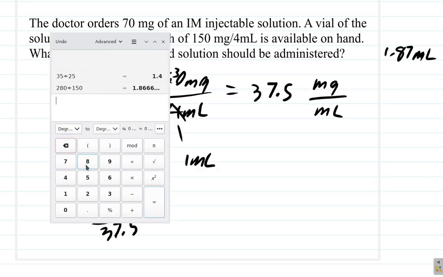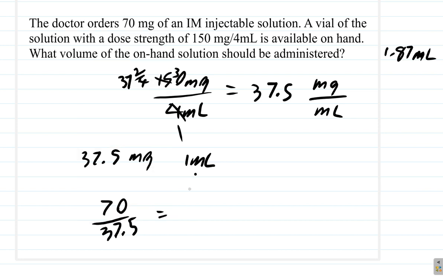If you put 70 over 37.5, you get 1.87 milliliters. Alright?